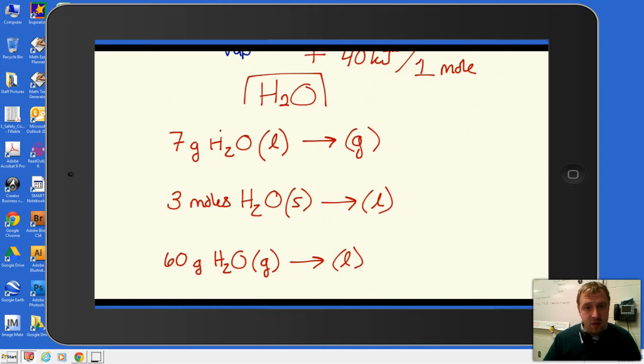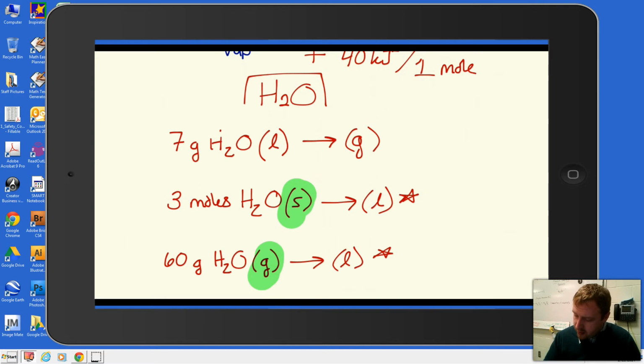But here's the interesting part about this. We are going to a liquid in both this case and this case, but we have to be conscious of the fact that we're starting with a solid here and a gas here. Okay, so let's go ahead and do this.